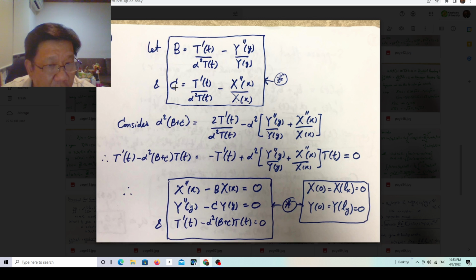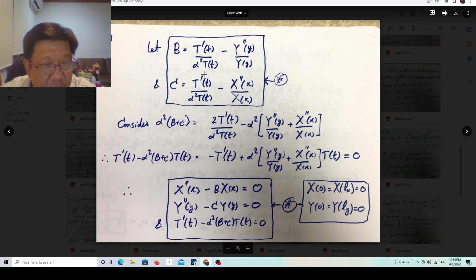Because you can see that when you use this substitution, the alpha square will cancel the division of the first term over here. This one is simple because you use alpha square, you end up having this additive, and this is a minus sign.